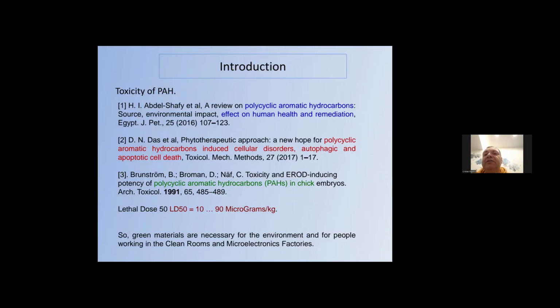The lethal dose 50 is around 10 to 19 micrograms per kilogram. So green materials are necessary and useful to obtain a green environment, and that is useful also for people who work in the clean room and in the microelectronics factory.